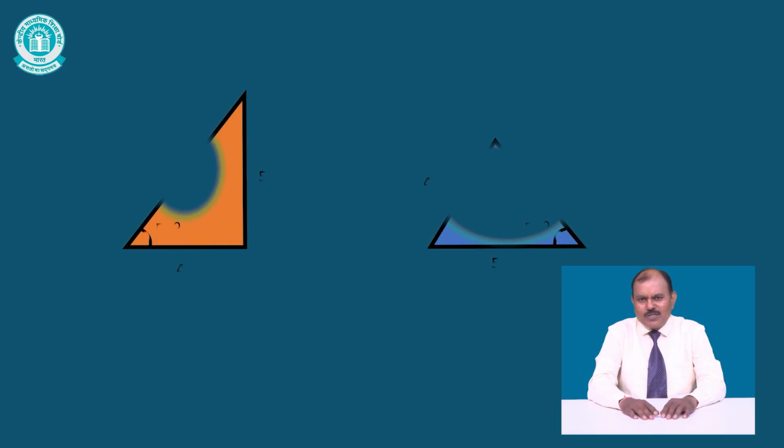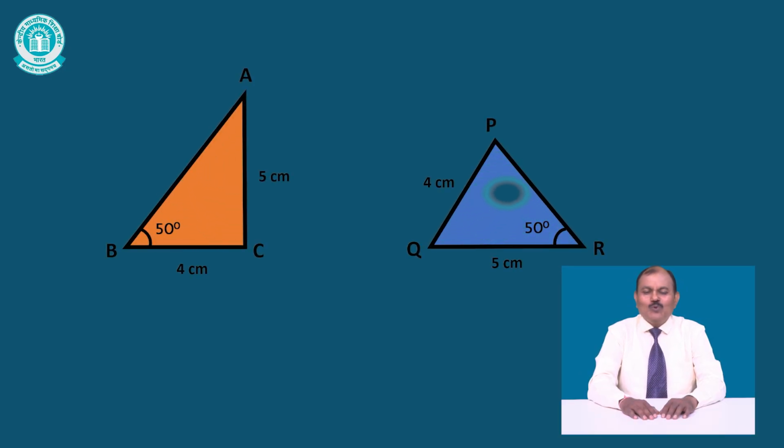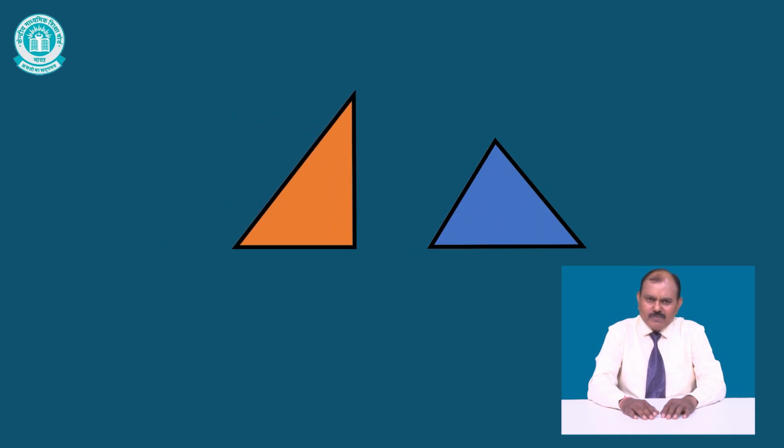Now, let us construct two triangles whose sides are 4 centimeter and 5 centimeter, and one of the angles is 50 degrees, and this angle is not included in between the equal sides. Are the two triangles congruent?